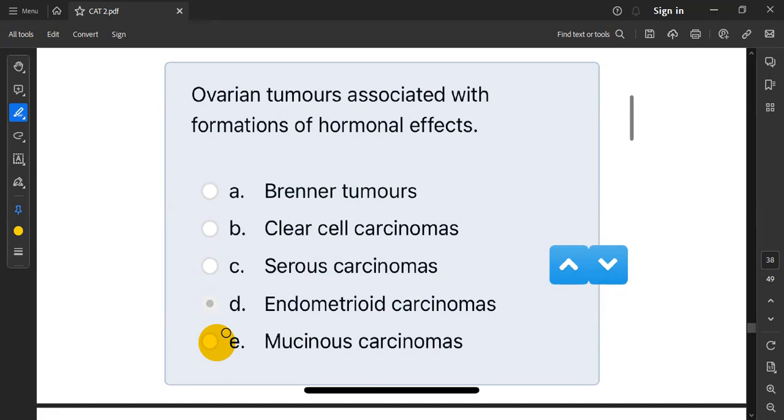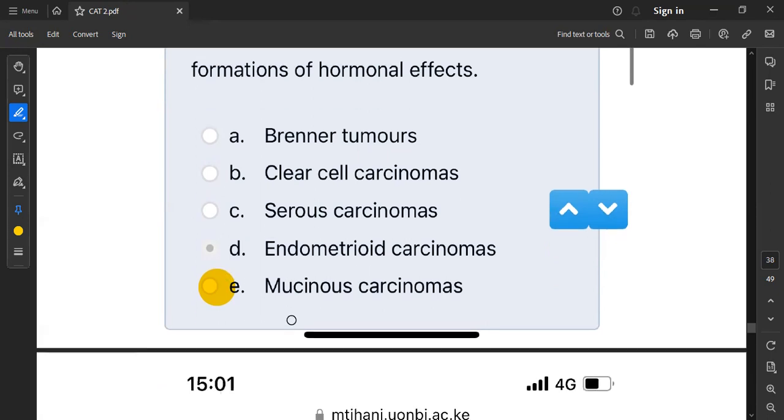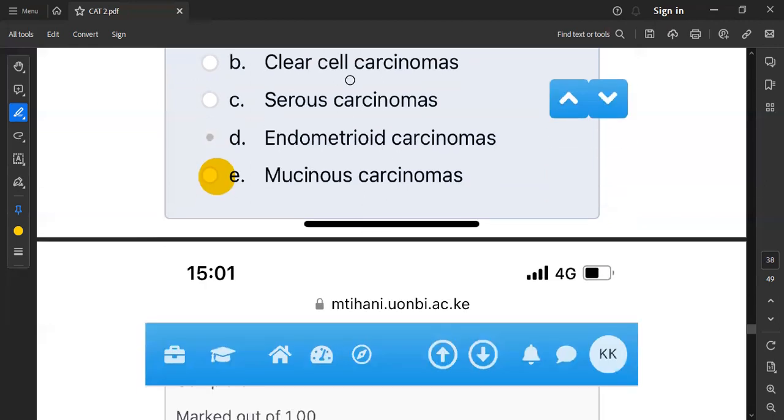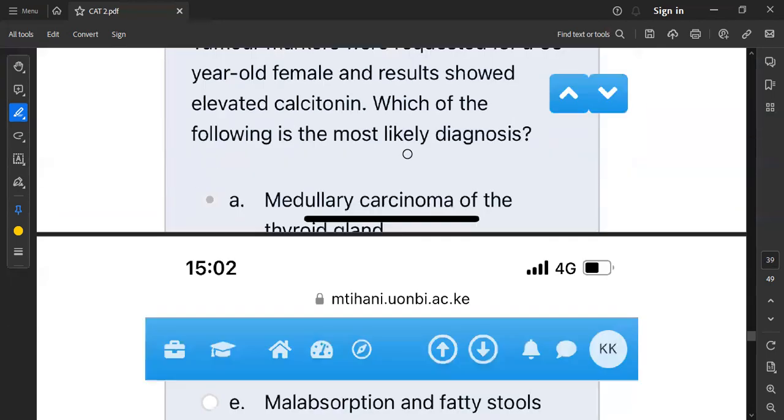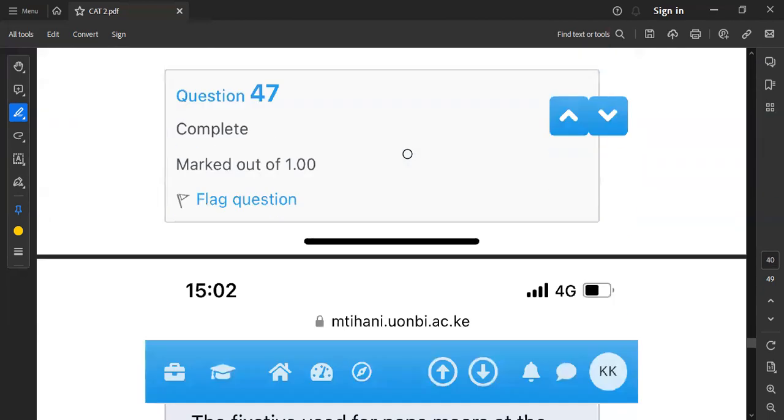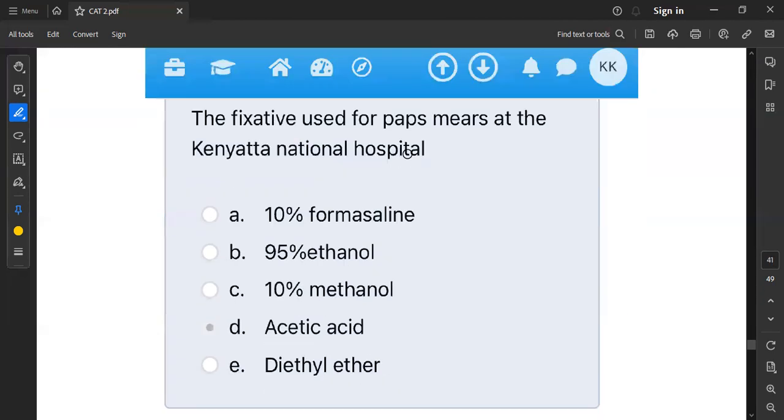Okay, you're welcome. You can move to the next one, number 47. The fixative used for Pap smears at Kenyatta National Hospital is which?